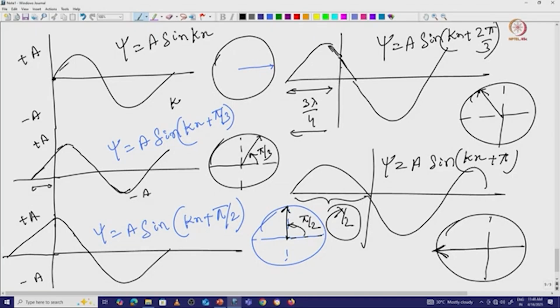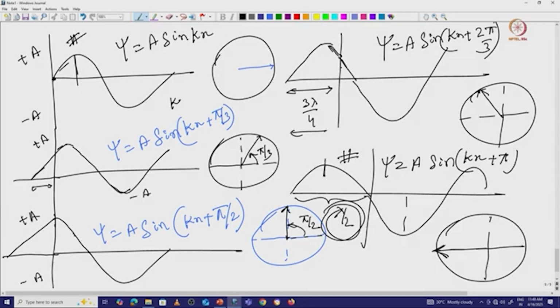But when there is a completely opposite lambda by 2 path length difference between this wave and this wave, if we compare them, you can see they are always in opposite phase, all the time. So, if there is a lambda by 2 path length difference, there will be opposite phase, but if there is a lambda path difference, they will be in phase.